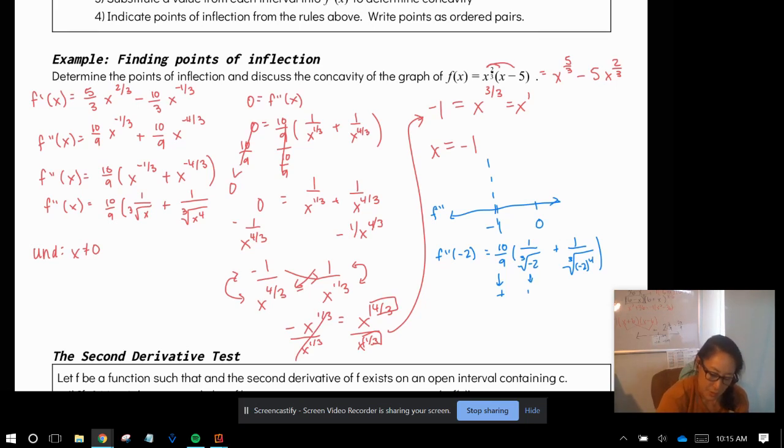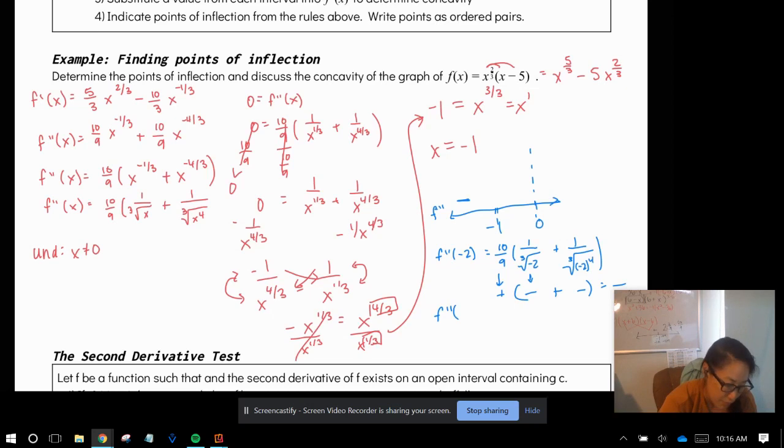This first term is going to be a negative plus a negative. So I'm going to end up with a negative plus a negative times a positive, which is going to be a negative. Oops, I wrote my asymptote in the wrong spot. Okay, right here, the asymptote goes at 0. So I get a negative in this section.